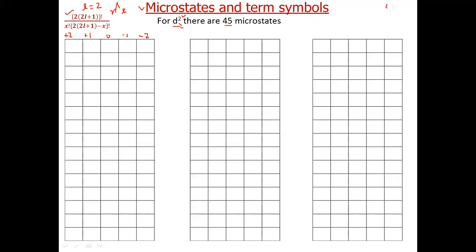So in the numerator, we get 10 factorial. Now let us see the denominator, x is the number of electrons. Today we are concerned with 2 electrons, so we get 2 factorial. Now this gives 10 minus 2, 8 factorial.